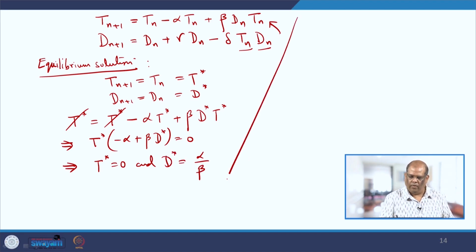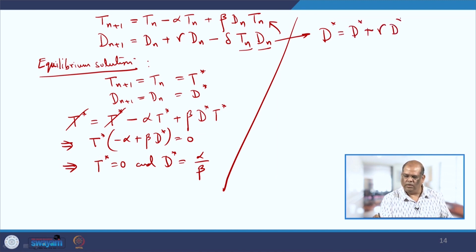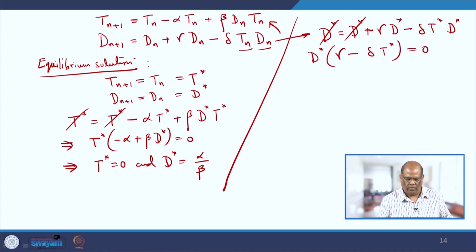Now, from this equation, you will get D star equal to D star plus gamma D star minus delta T star D star. So this and this cancel. If I take D star common, I get gamma minus delta T star equal to 0.